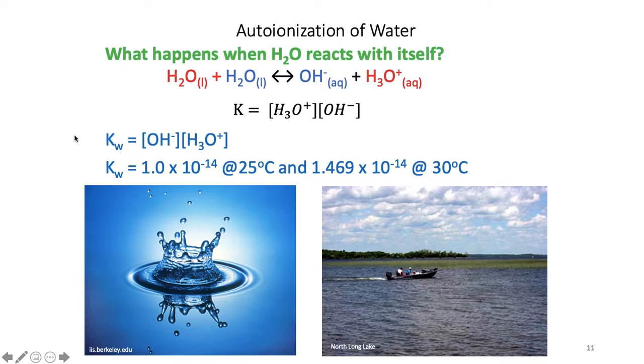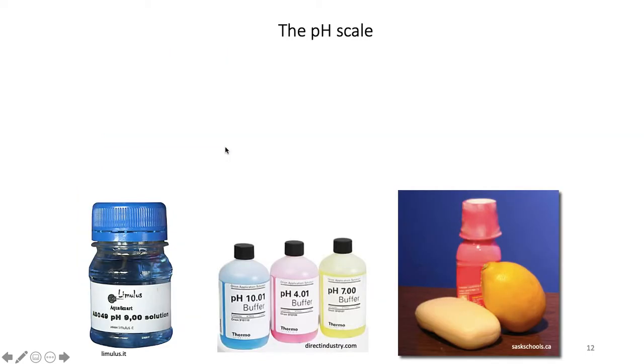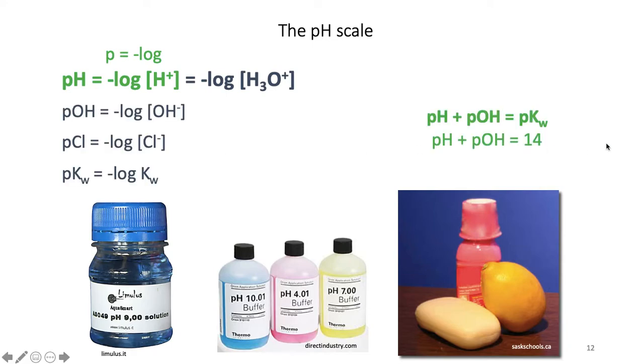If you take the minus log of both sides, so minus log of Kw and minus log of OH minus and log of H3O plus, you will get this over here. pKw is equal to pH plus pOH.